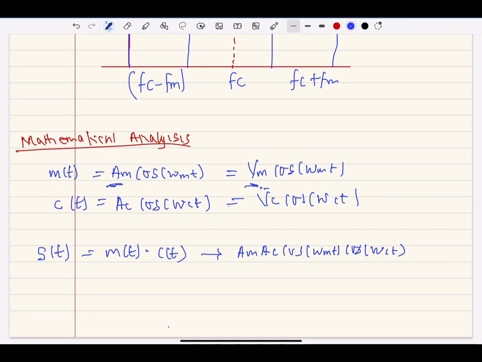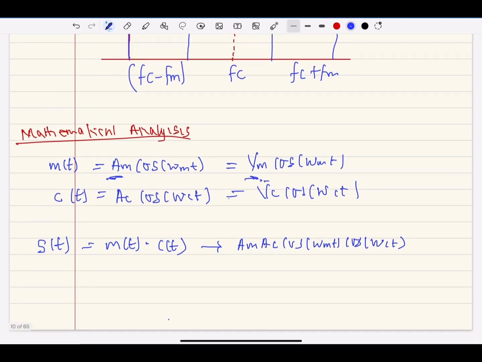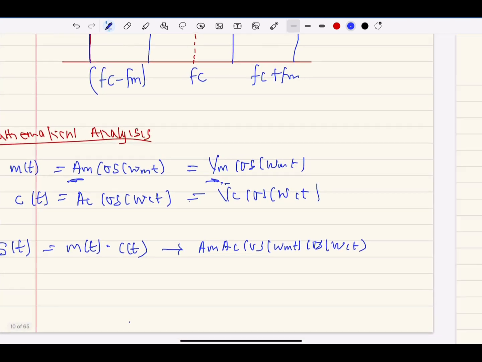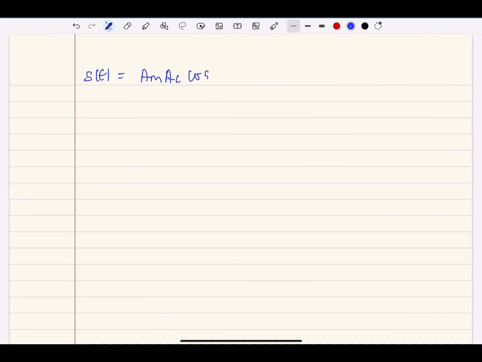This is simple to deal with. You can use trigonometric identities to help you with this. Let me rewrite it here: s of t is equal to Am Ac cos omega mt cos omega ct.